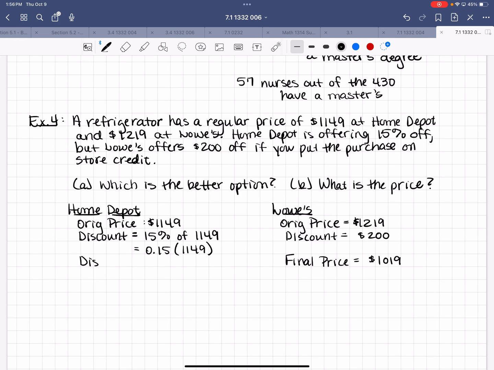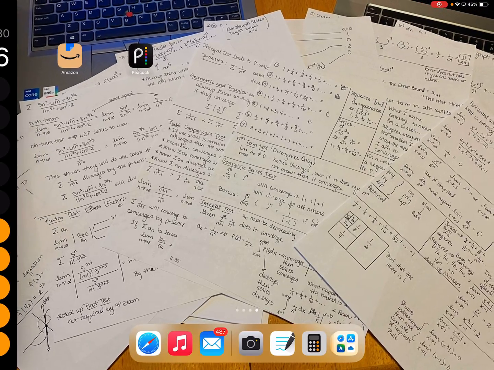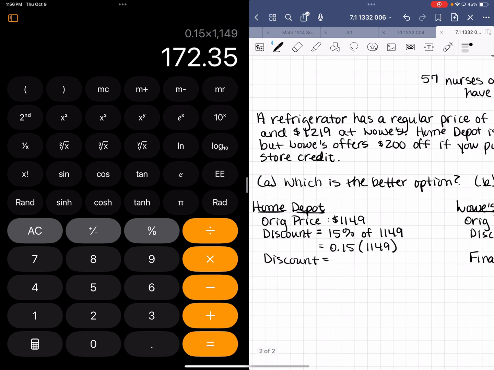So my discount will wind up being 0.15 times $1,149, which is $172.35. Guys, is that how much I'm going to pay for the refrigerator? That's how much off. That's how much I'm going to take off, okay? So that final price will equal the original price minus the discount.